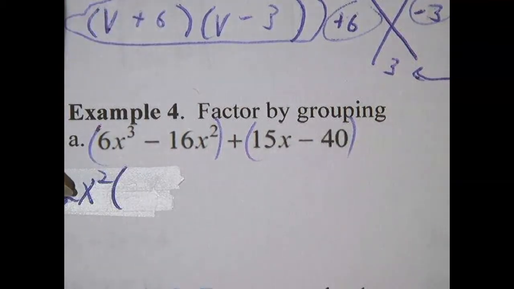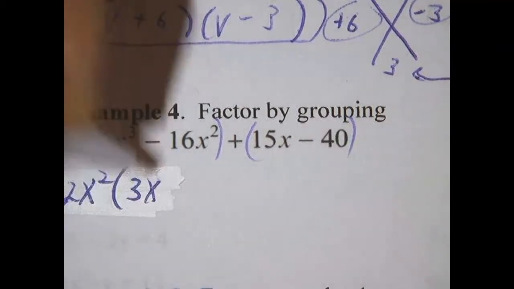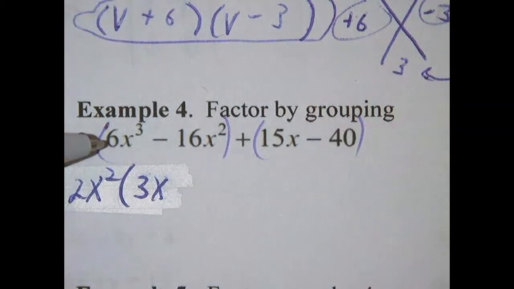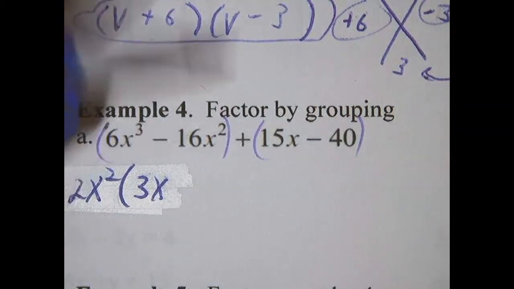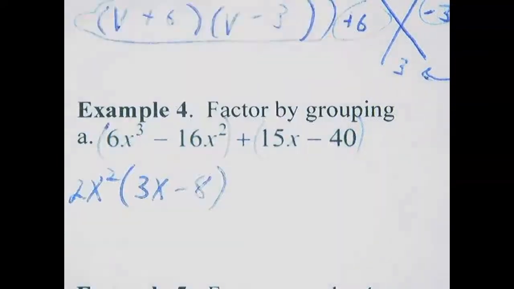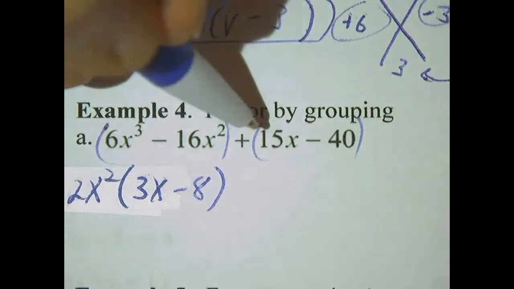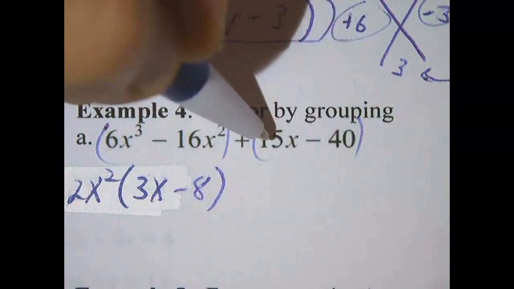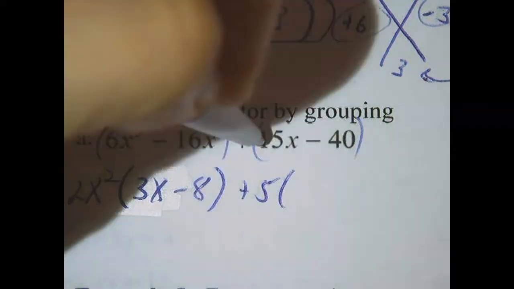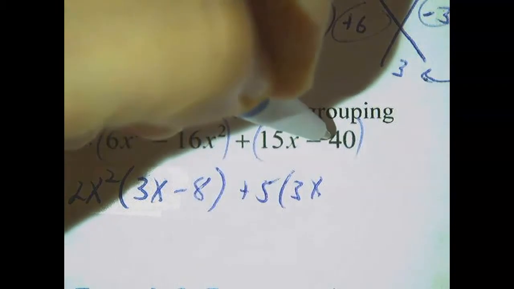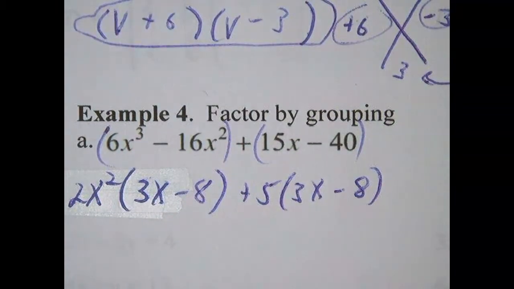And then I multiply 2x squared times 3x to get that term, and I multiply it by negative 8 to get that term. Okay? And then the other group, what's common to both of these would be a 5. So I'm going to take a 5 out, and that leaves me with a 3x, and then 5 times what equals negative 40? That's negative 8.